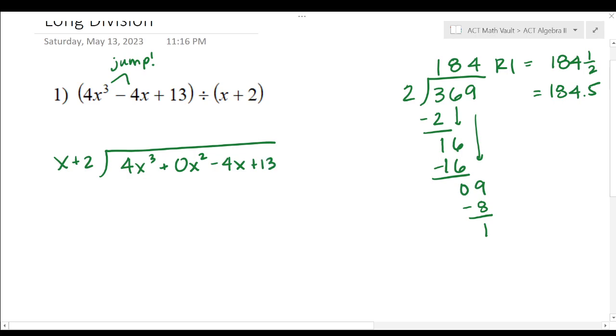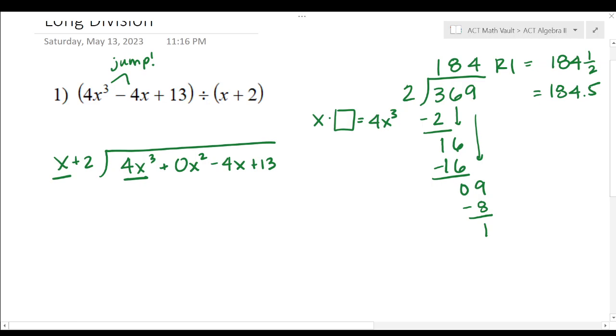Now, the kicker for this is there are 2 terms here and then 4 terms here. So how am I going to figure out how to start? Well, you always do the first term into the first term. So how many times does x go into 4x cubed? You ask yourself, x times what is 4x cubed?